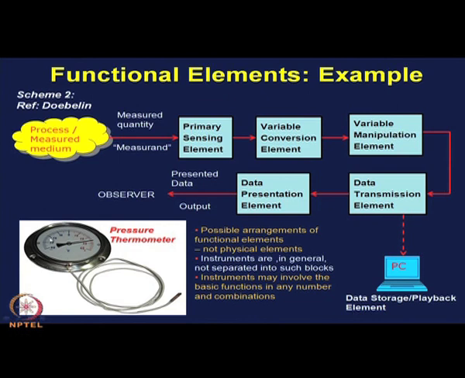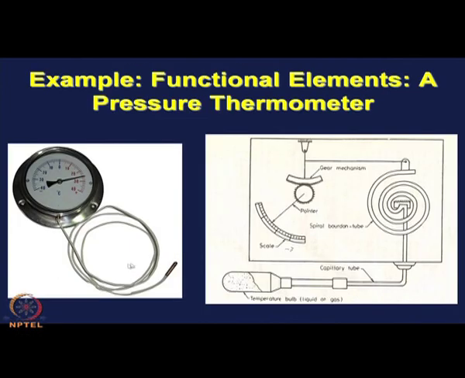Now, let us see the part which we can't see. This is the pressure thermometer, and this is what it will look like if you get to see what is inside. You have a bulb here, the same bulb. The bulb is connected to a capillary tube. To the other end of the tube, a Bourdon tube is attached.